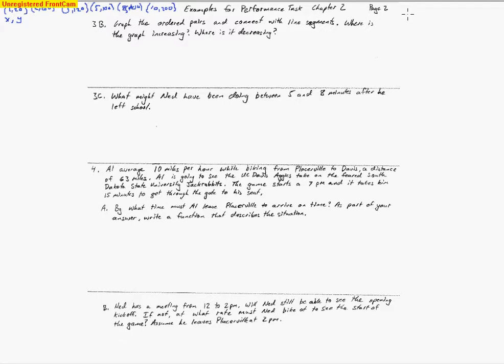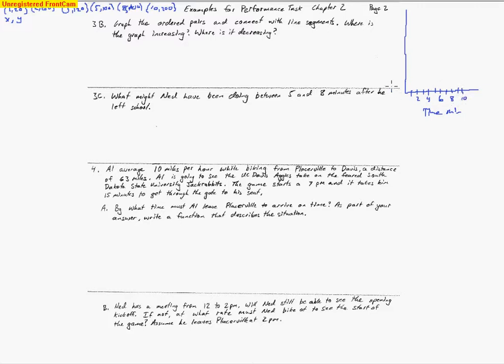Part B says, let's take those values and plot them on a coordinate plane. So I'm going to sketch a coordinate plane. My X values are, again, time in minutes, and I'll put in the number of minutes: 2, 4, 6, 8, 10.